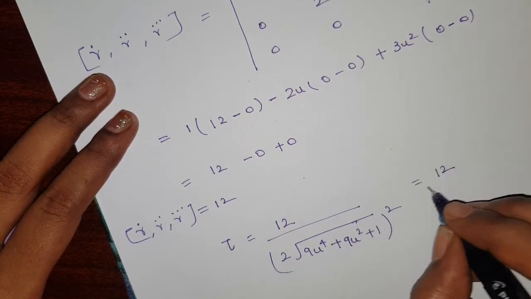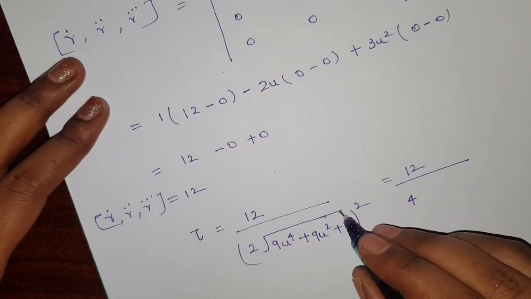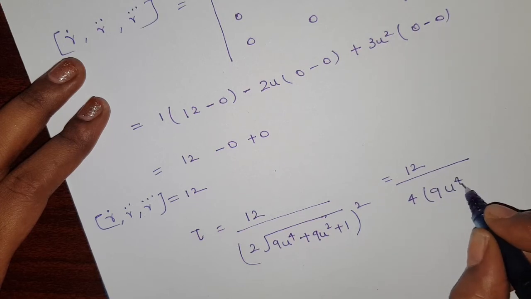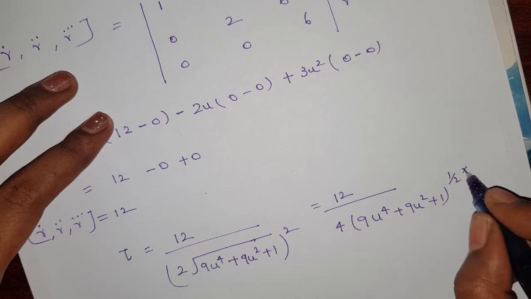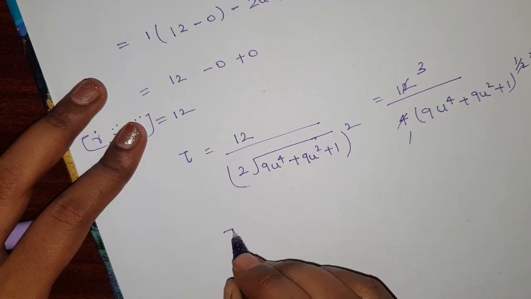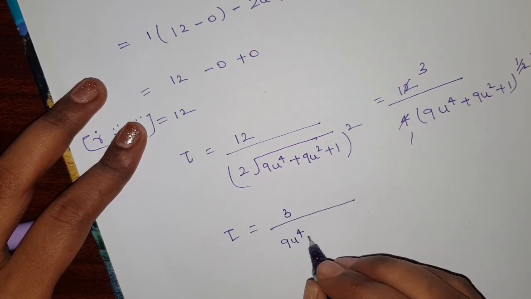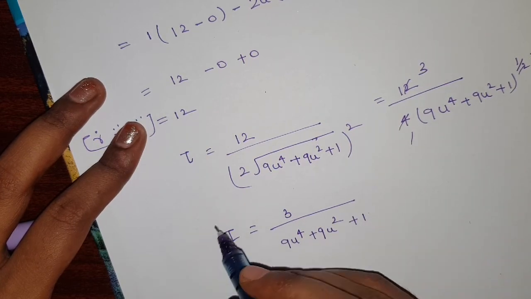It becomes 12 divided by 2 twos are 4, the square root and square cancel, so it becomes 9 u power 4 plus 9 u square plus 1 whole power 1 by 2 into 2, which cancels. 12 divided by 4 becomes 3. Therefore tau equal to 3 divided by 9 u power 4 plus 9 u square plus 1. This is our torsion.